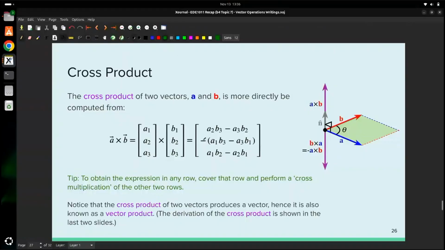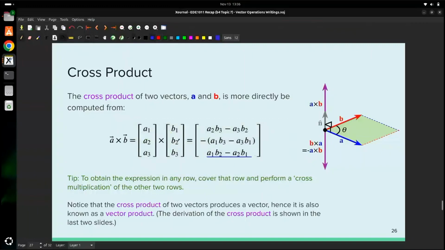But if you look at the second row, to cover the second row, same thing. You take A1 cross B3, then A3 cross B1, and take the difference between them. You see? A1 B3 minus A3 B1. But for the second row, you must remember to put the minus. Then for the third row, it's the same as the first row.